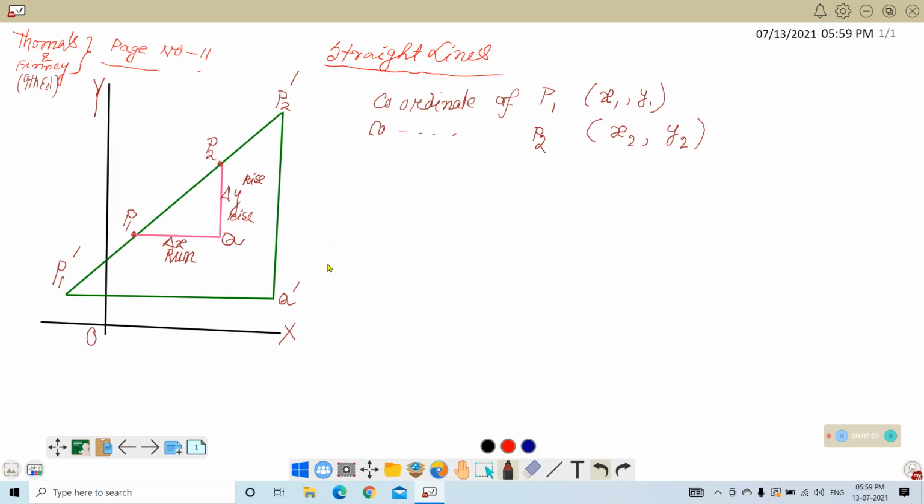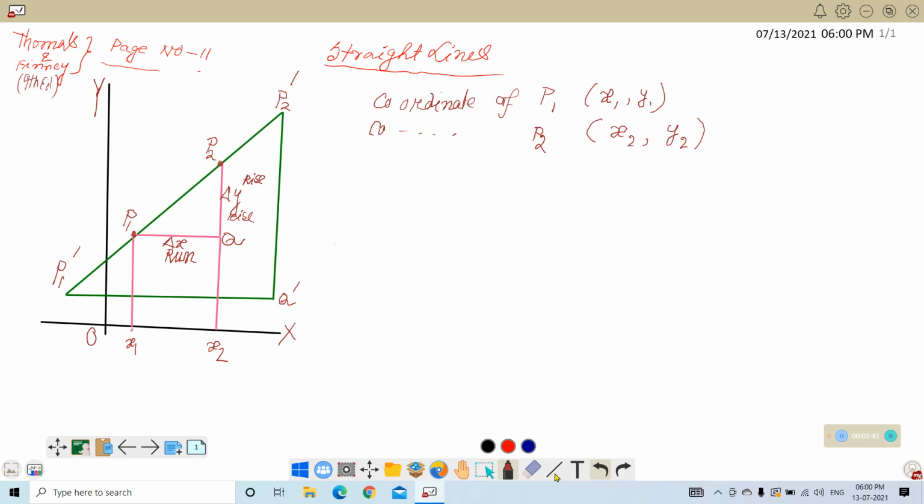According to our conventional system already discussed, if we draw this line, then this point is x1 and this point is x2.